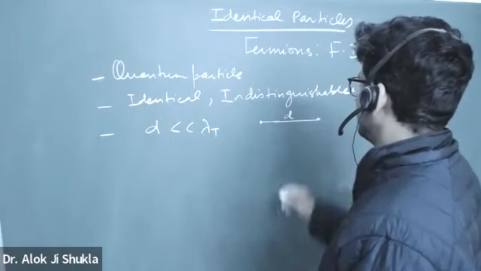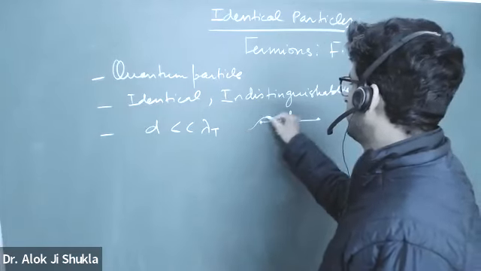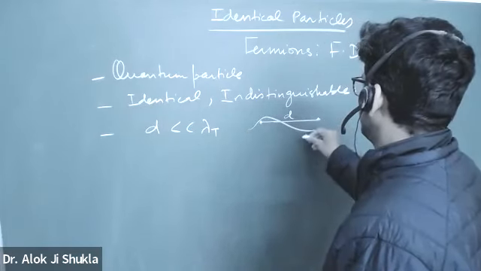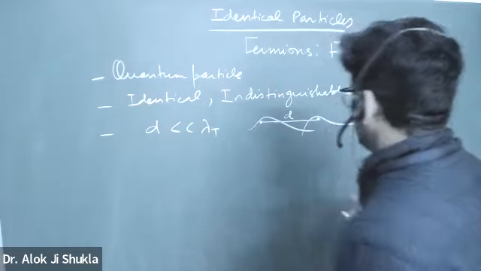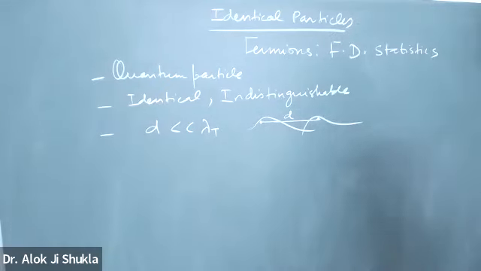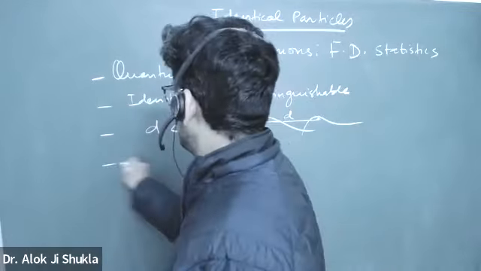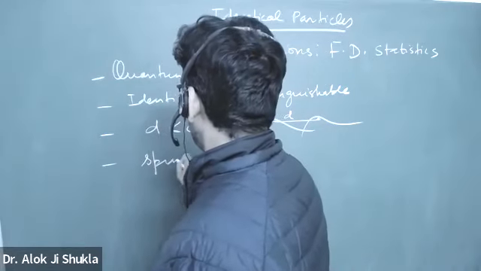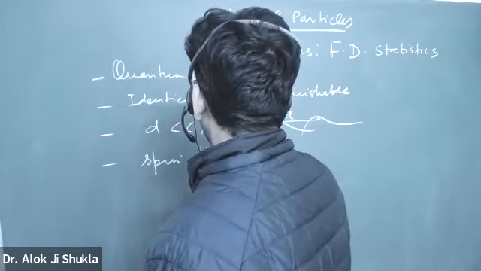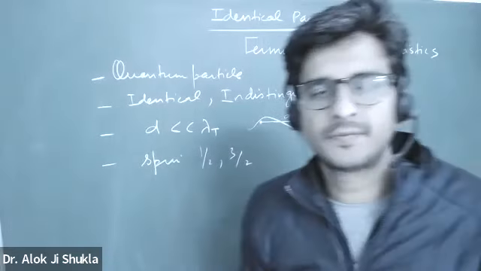Suppose the distance between them is d, and some wavelength is associated with this, and this wavelength is associated with this. So these wavelengths will overlap. So that's why the quantum effects will become important. Okay, the spin of such particles will be half or 3 by 2. These will be the spin of such particles.